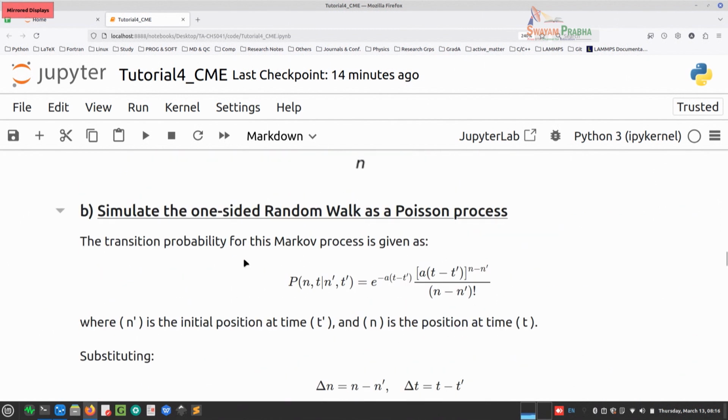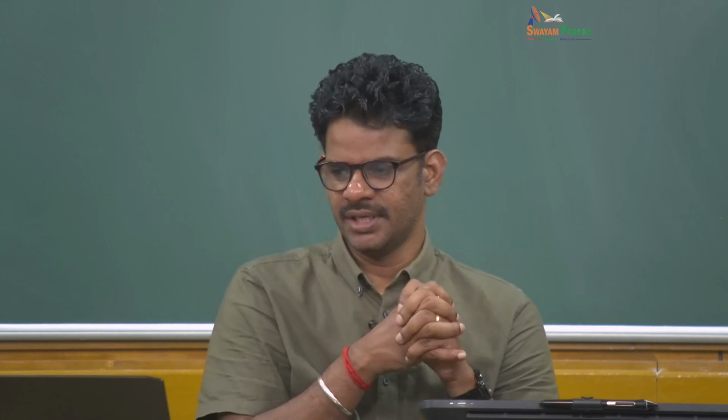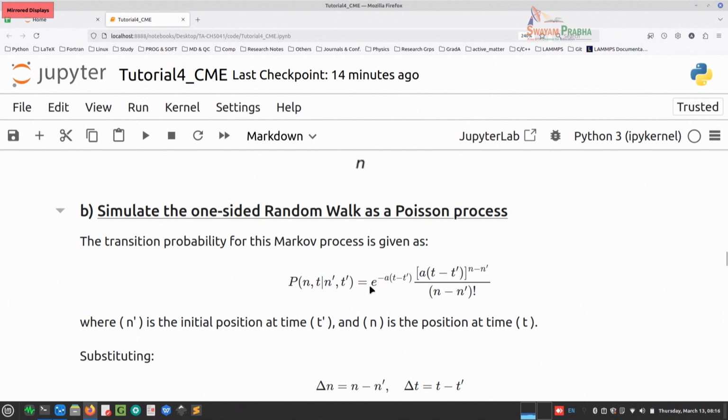The second one is to create the trajectory itself, okay, individual trajectories, and the way you do that is you can look at the analytical solution that we already obtained, which was a Poisson distribution. So here we have written it for n prime at t prime, where the probability will be at n comma t.